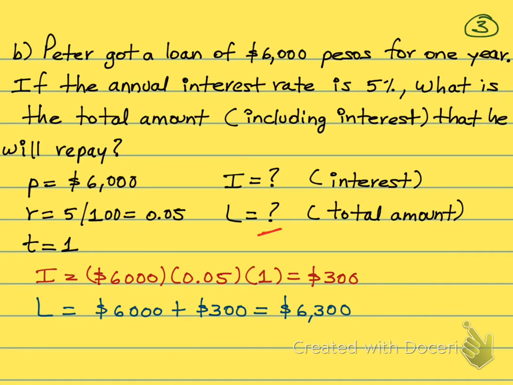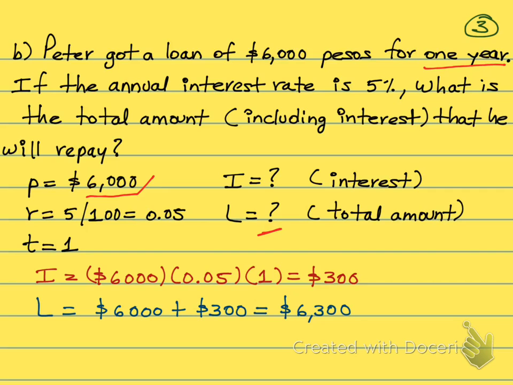Next example. Peter got a loan of 6,000 pesos for 1 year. If the annual interest rate is 5%, what is the total amount, including interest, that he will repay? So P is equal to 6,000, that's the initial amount, and R is 5 over 100, and that's 0.05. T is 1 year because the example is referring to 1 year.